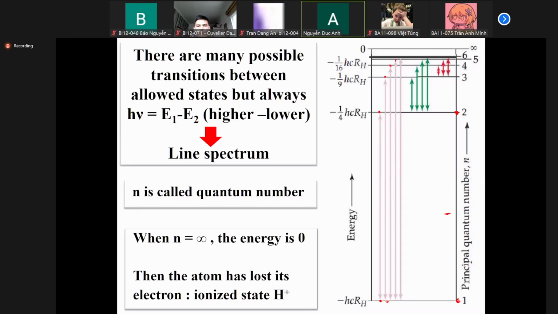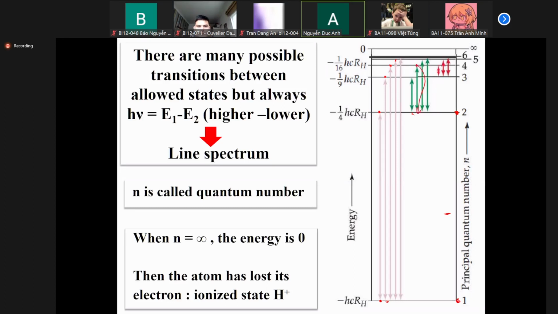Okay, and after that, the electrons from a higher state, like number 2, can go back to number 1. Number 3, number 4, number 5 can go back to number 1, or sometimes they can go back to a lower state, like from number 4, they can move to number 2.